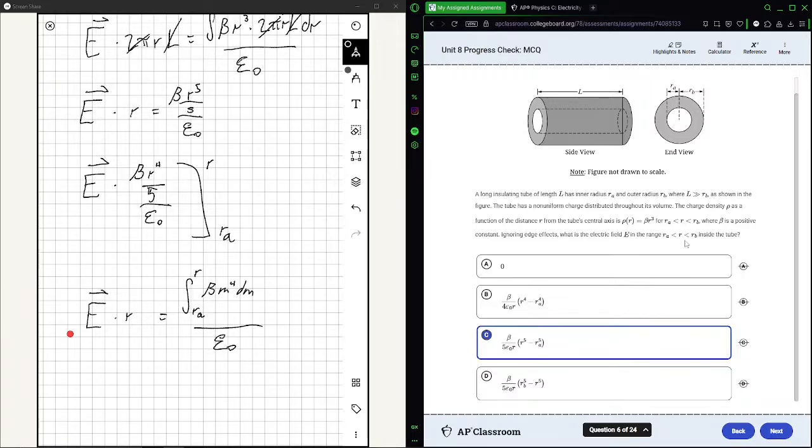E is a function of R. But doesn't R meet that requirement from all values of R to RB? This is literally all it's asking for. This is the situation that applies here. E of R is equal to all of that over little r. There's nothing more to it.